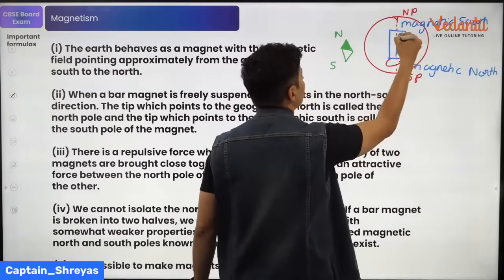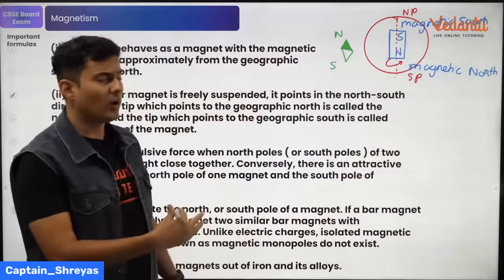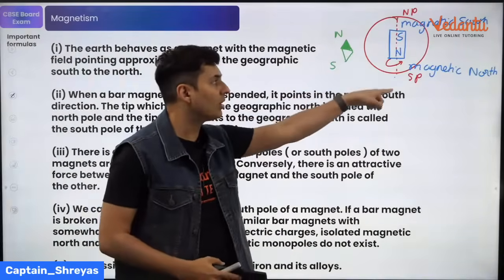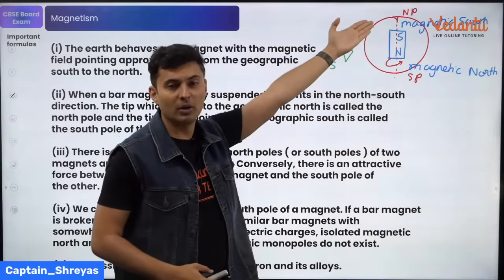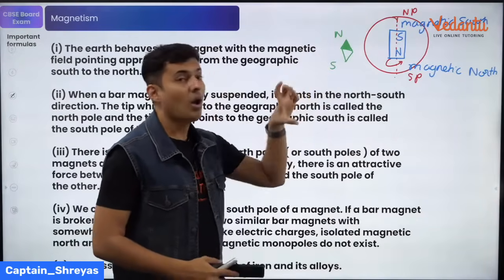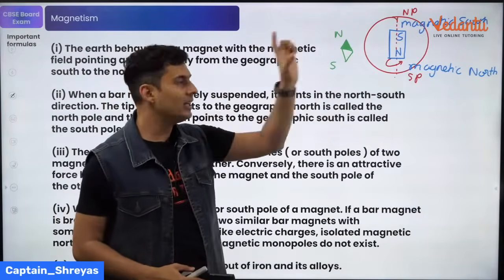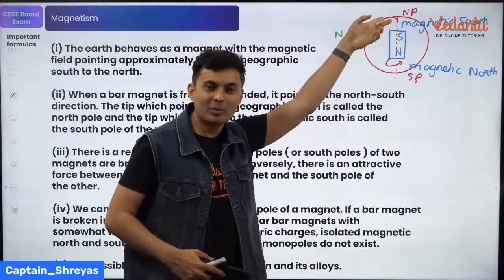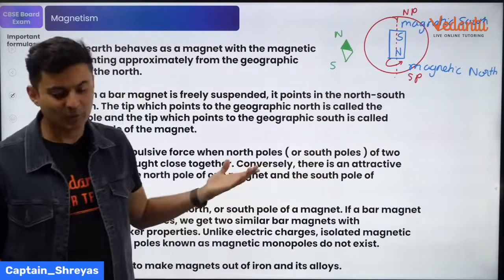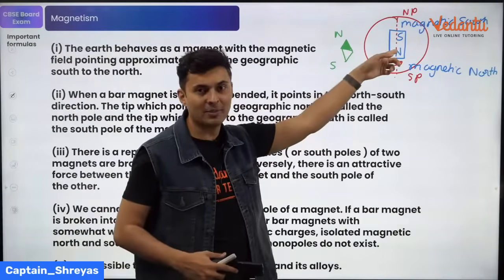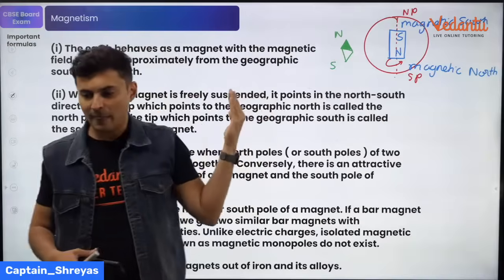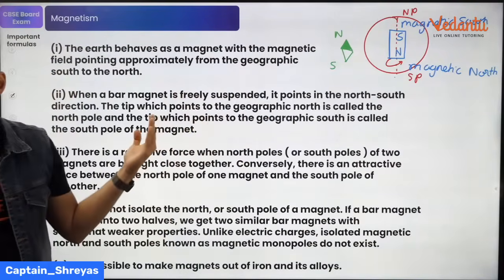North is here and south is over here. If you have to draw diagrams, you're going to show diagrams this way. The Earth's magnetic north will be down, magnetic south will be on the top. That's why the north pole of your bar magnet or needle attracts towards the south pole. That's why you call that the north pole, and that's why you call this the south pole. It's not in reference to the Earth's magnet, it's in reference to the magnet that you use outside. Something which you should keep in mind.